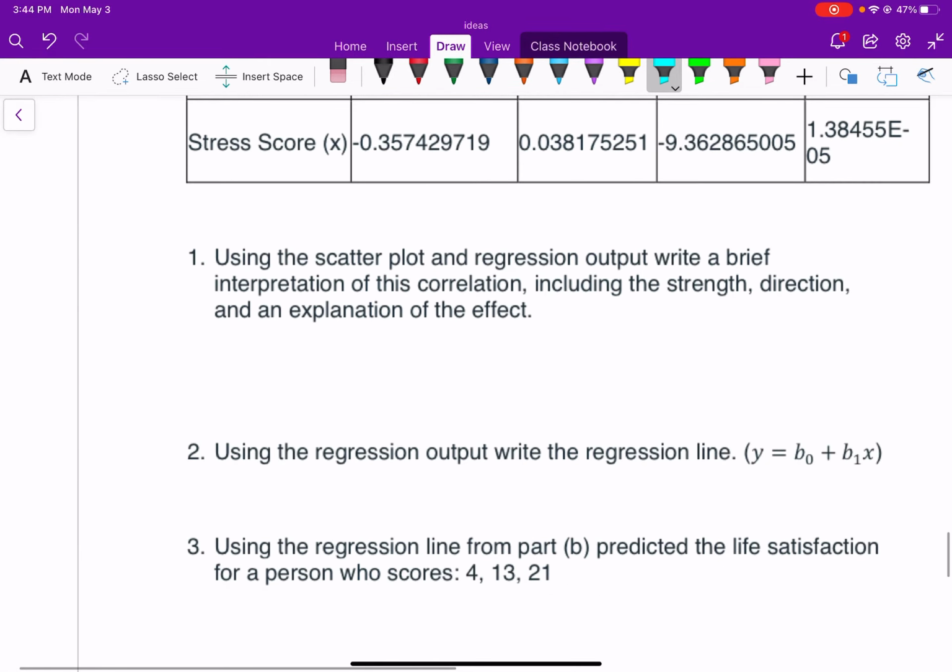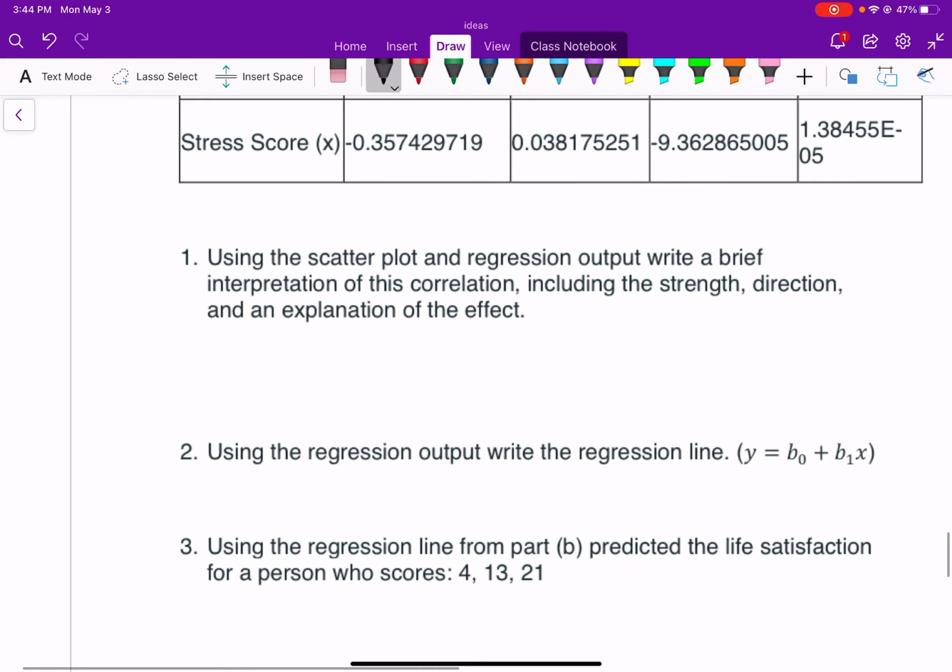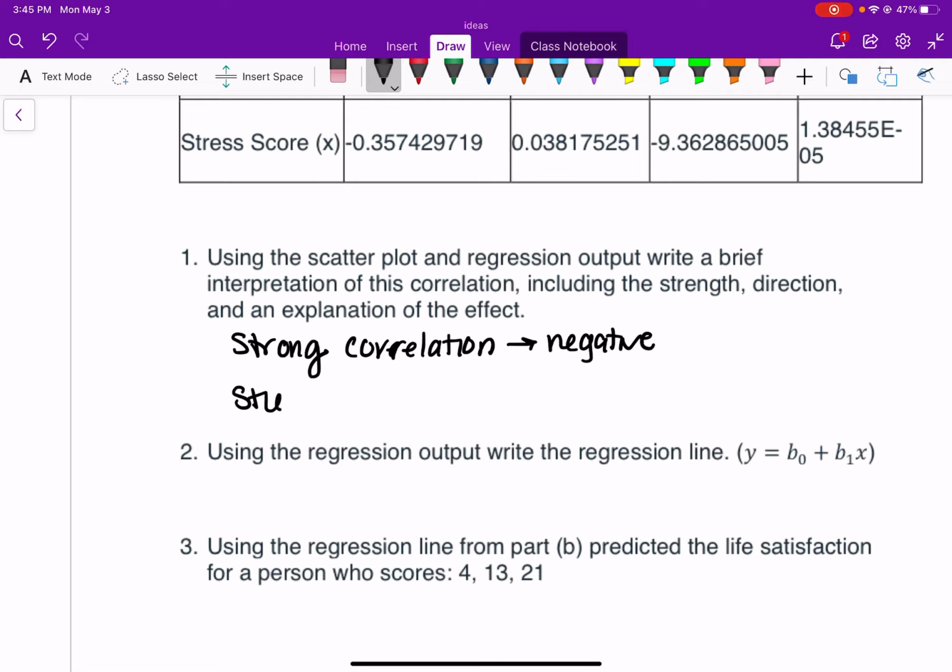So that's kind of what we would write here. It's a strong correlation. I'm not going to write this as a sentence because it'll just take forever to write it down. So we have a strong correlation. We know it's going to be negative. Okay, and that means that as my stress levels go up, then the life satisfaction goes down.